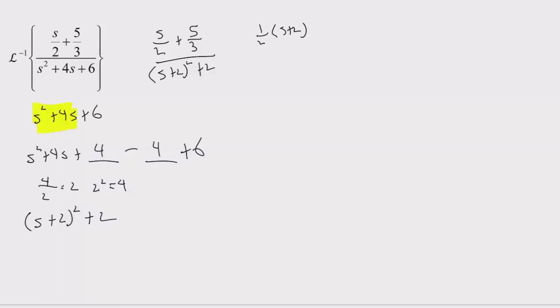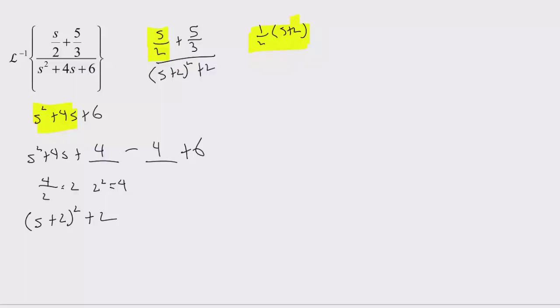Just let me illustrate what I'm talking about. I'm looking at this piece, and I'm trying to make that fit the s plus 2 pattern. Now I can't just do that, right? Because it's s over 2. So that means I must have added something, and I have to go back and subtract something. What did I add? 1/2 times 2 is 1.